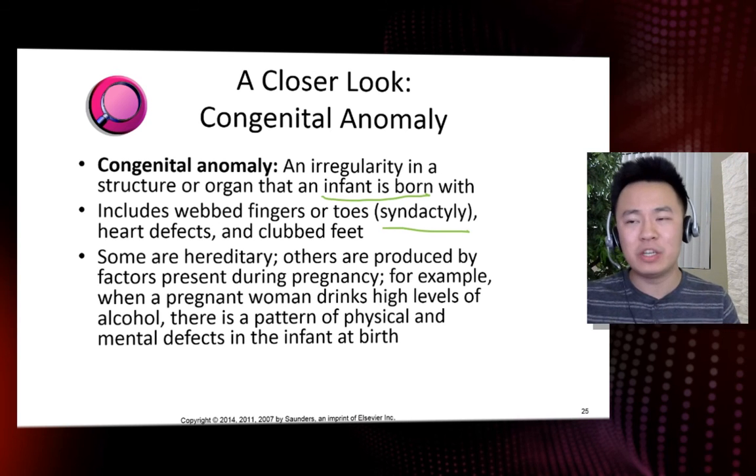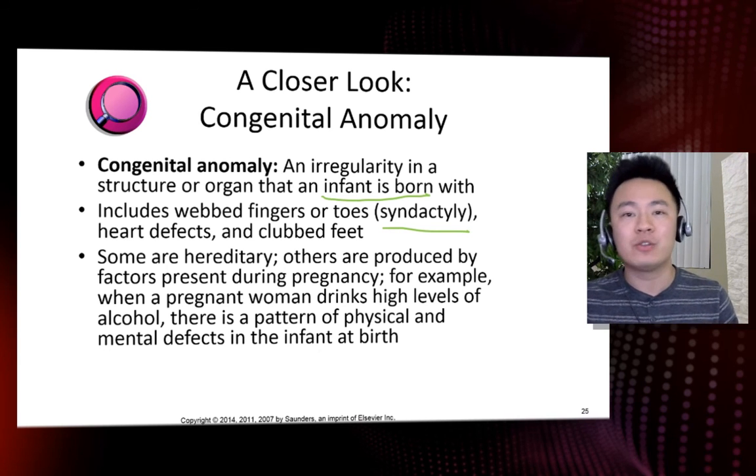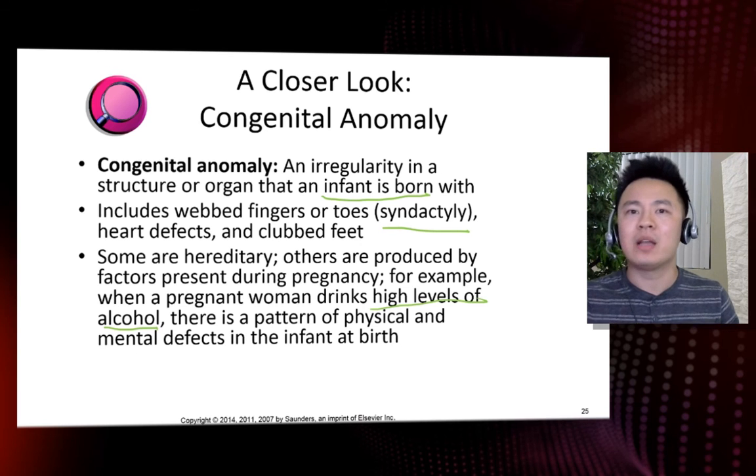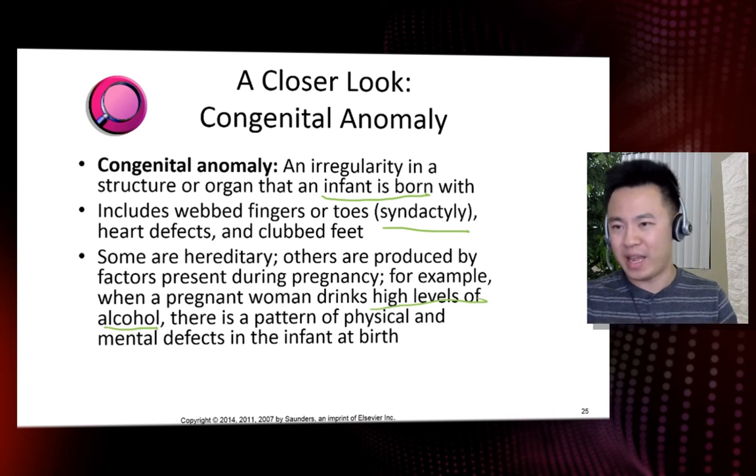Now, some of these congenital anomalies are hereditary, these are genetic. Others are produced by factors that are present during pregnancy. For example, when a pregnant mother drinks way too much alcohol during pregnancy, it will cause a lot of defects in the developing embryo, the developing baby, which is why a lot of healthcare professionals strongly urge mothers to not drink or take in anything that is carcinogenic, okay, pertaining to producing a cancerous condition or cancer.